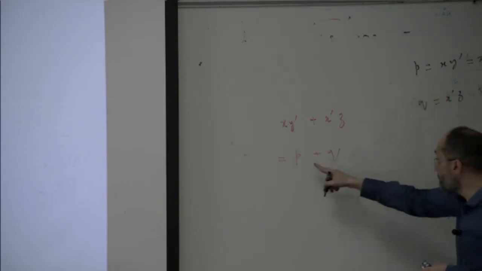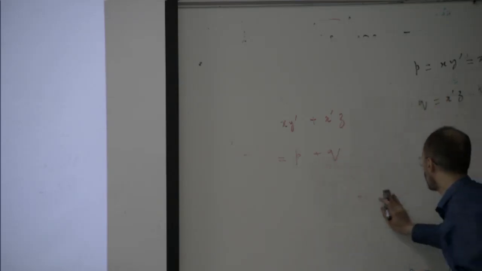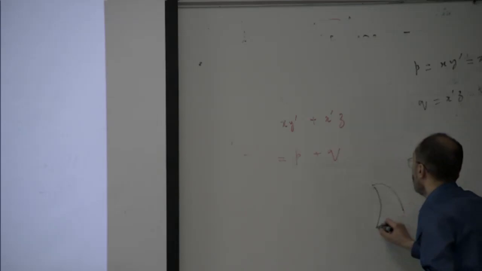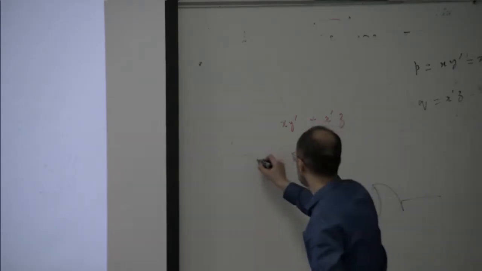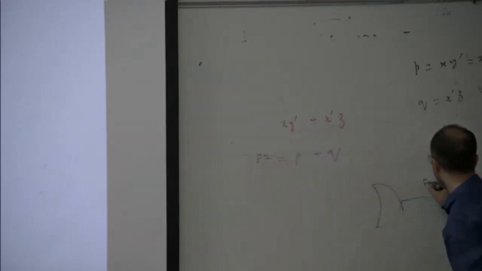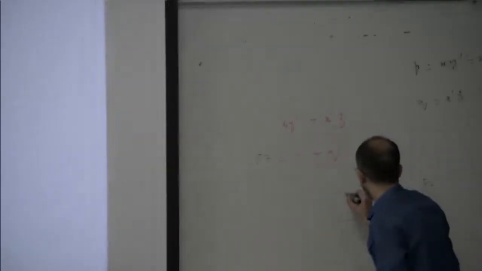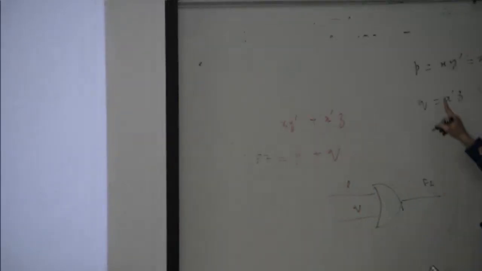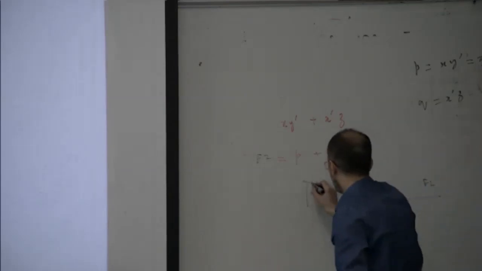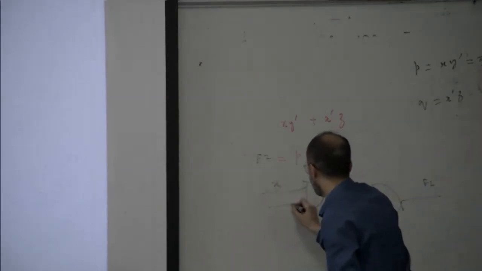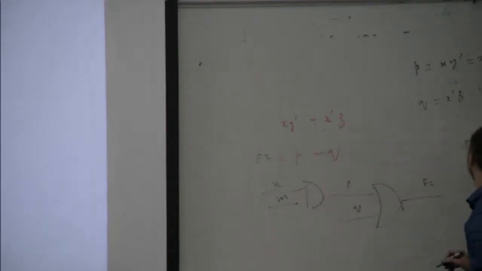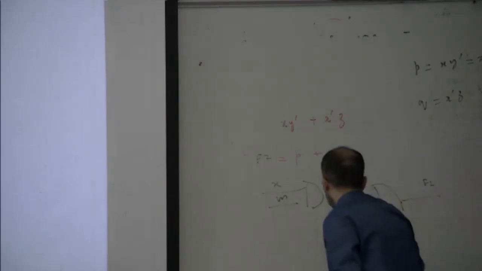So what do we do with P plus Q? Which gate? OR gate. Now we have an OR gate, and let's assume this is F2. So F2 is now P plus Q. P is x m, which is an AND gate with inputs x and m, and Q is t z.